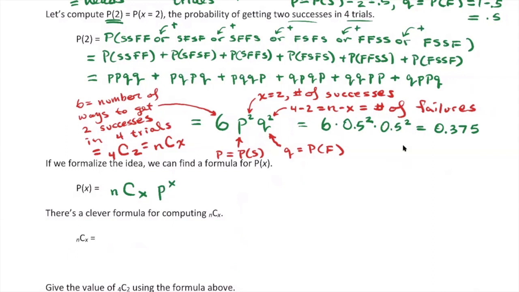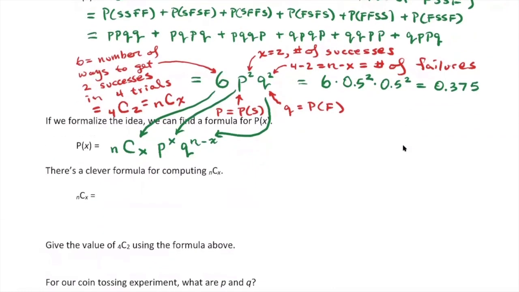And then the Q to the second is Q. 2 was the number of failures, which is n minus x. 4 minus 2. Okay, so I'm just pulling down the elements that we had done up here. Like that. And that's the formula for the binomial probabilities.